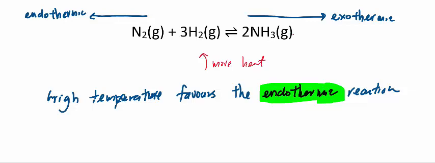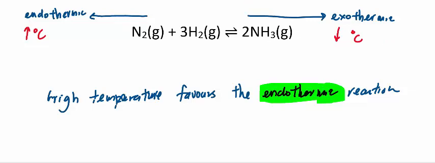Now endothermic is absorb heat. So if I put more heat, which way will it go? The direction that absorbs heat or the direction that releases heat? Absorb heat. So high temperature favors this side. Low temperature favors this side.